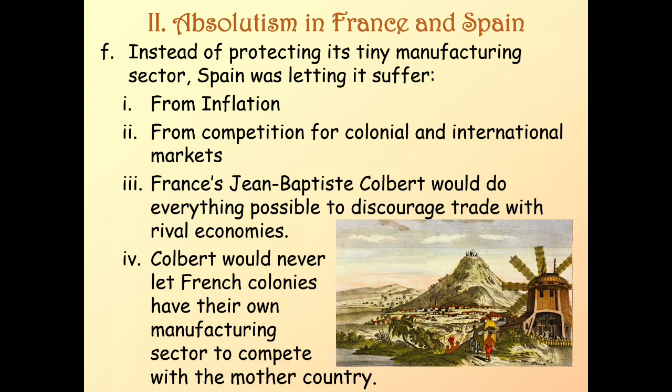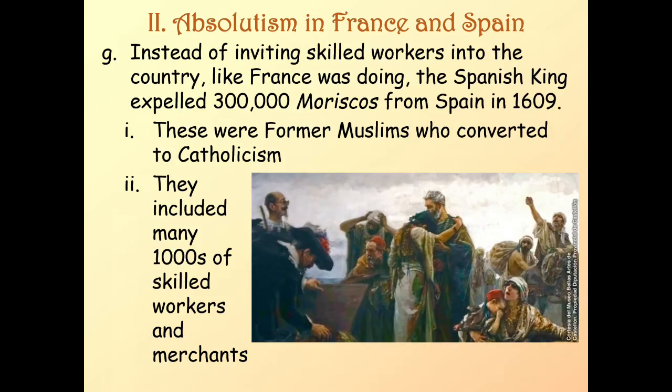Colbert would never let French colonies have their own manufacturing sector to compete with the mother country. So instead of inviting skilled workers into the country like France was doing, the Spanish king expelled 300,000 Moriscos from Spain in 1609. These were former Muslims who had converted to Catholicism, and they included many thousands of skilled workers and merchants.